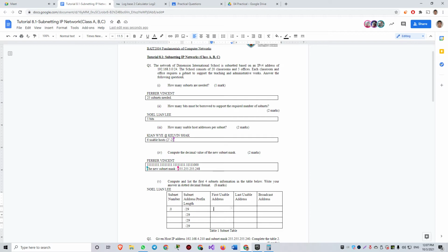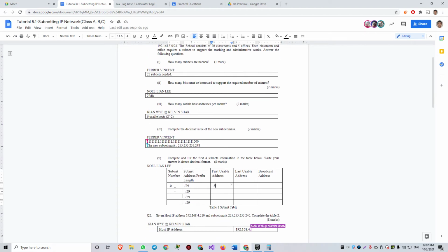Yes, you're doing fine so far. Now, for the subnet number, you don't put the dot in front. Please write the full subnet address in decimal: the first, the second, the third, and the fourth.